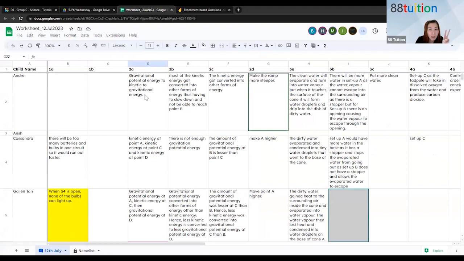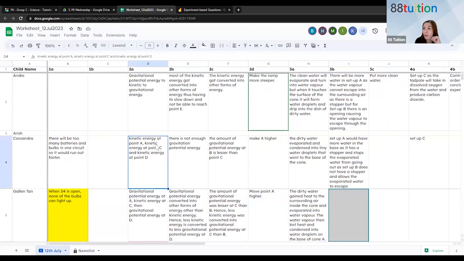If this is a 2 mark question, you get 1 mark, because you have 2 out of 3 correct. If you have gravitational energy to kinetic to gravitational energy, 2 wrong, 1 correct is still 0. Get what I mean? So that's how it is being marked.